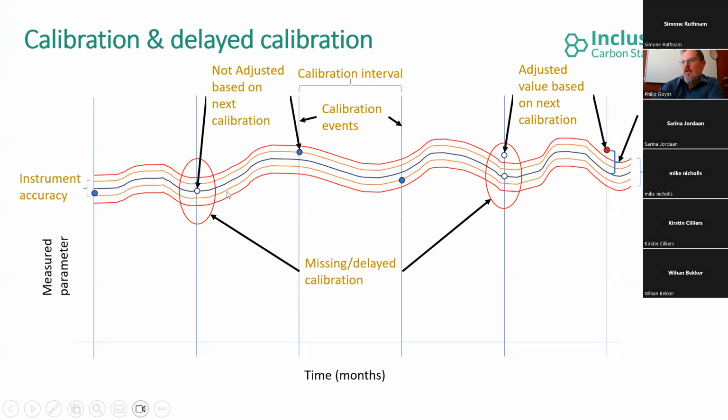We are defining calibration events, and there could be measurements that are happening in between here, and when we don't have a calibration like this over here, we check and see what's the difference between, there may be many data points along this black line, and we are finding the difference between the value along here and the previous calibration event. So you'll find that when we get the difference between this point in time here and that point in time there, that we're outside of the calibration interval, which would mean that all these values over here would then have to be adjusted by the error that's being measured over there.